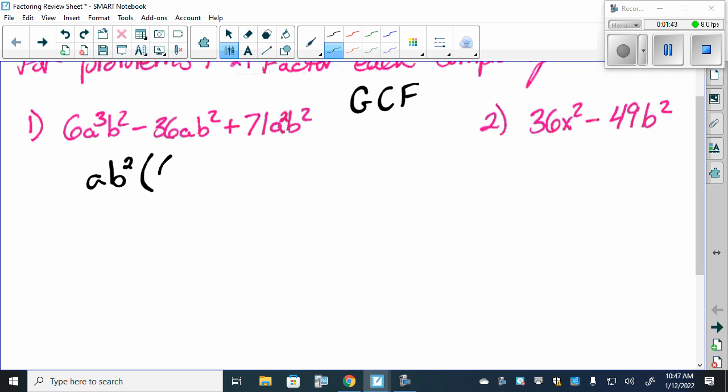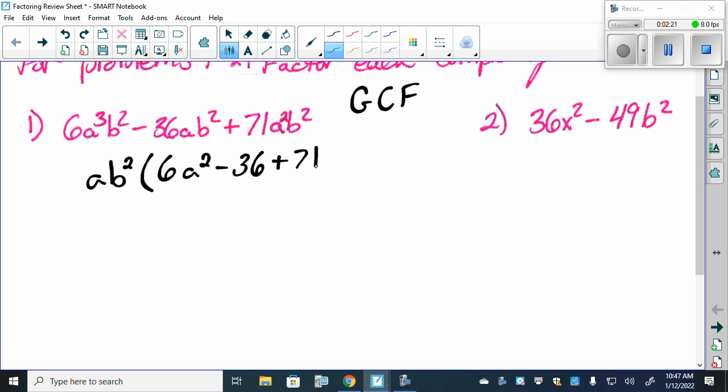So for the first term, we would still have our 6. If we factor an a out of a cubed, we remove 1 from 3, so we have a squared. B squared factored out of b squared factors out completely. We have minus 36. Since we didn't factor out a number, we just put it back. If I factor an a out of a, it factors out completely, and b squared factors out completely, so all we're left with is minus 36.